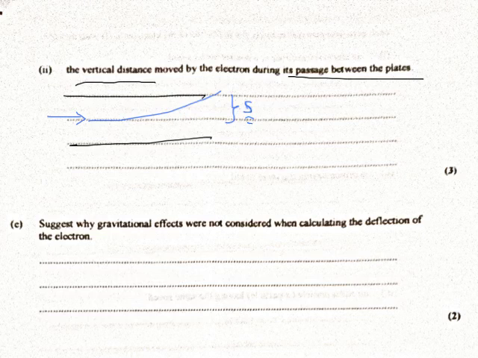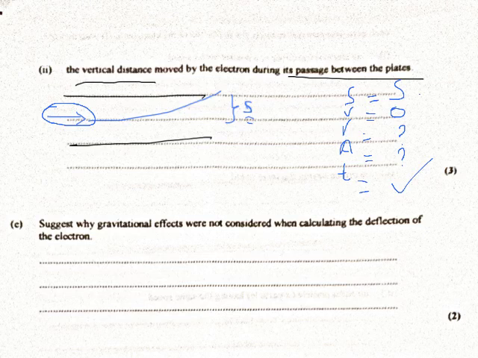Now a projectile question is going to be looking at the motion vertically. So if we do SUVAT, okay, displacement is what we're looking for. The initial velocity vertically is 0. The final, we don't know. The acceleration, we don't know. And time, we worked out in the previous question. So as we can see, there's still a lot of information missing.